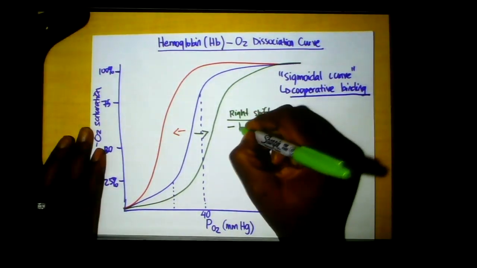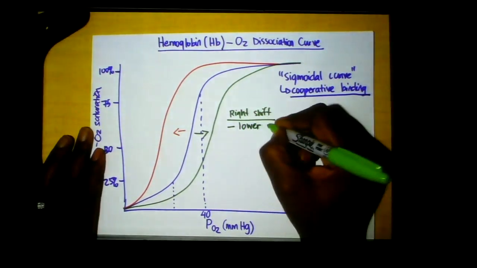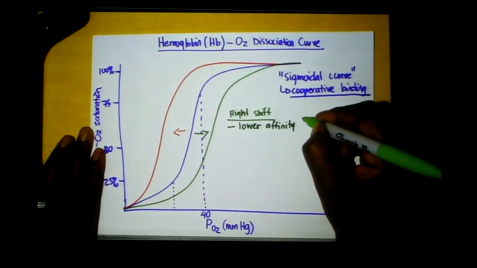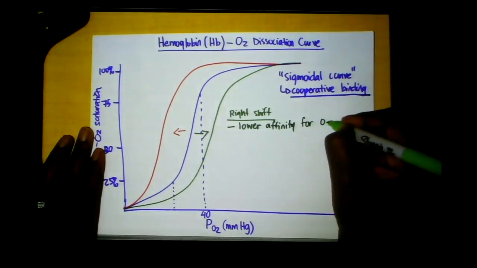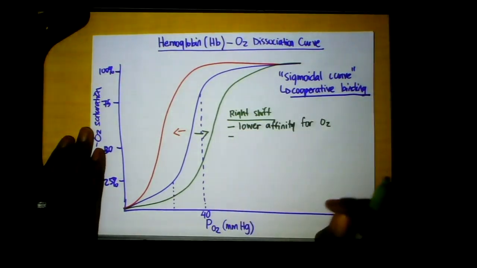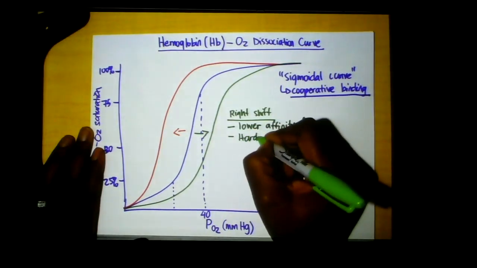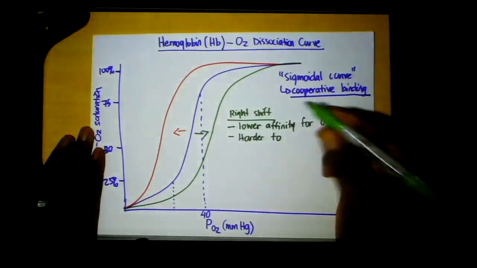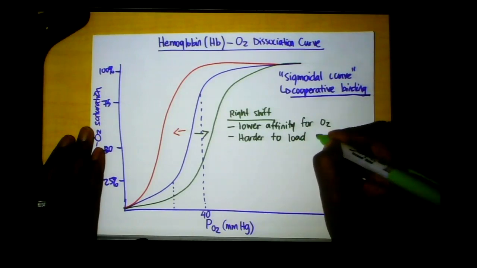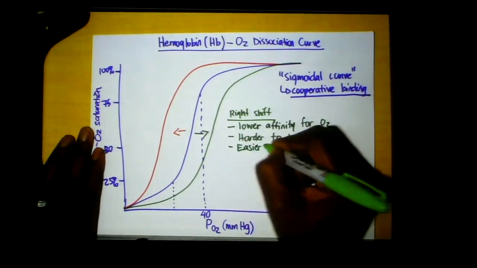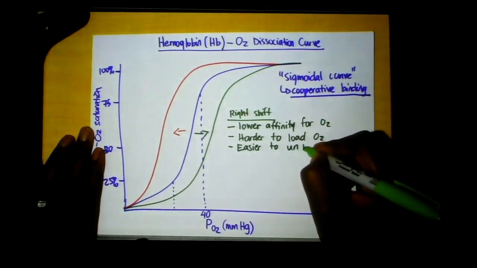So we've got a lower affinity for oxygen, meaning that it's going to be harder to load oxygen and easier to unload oxygen.